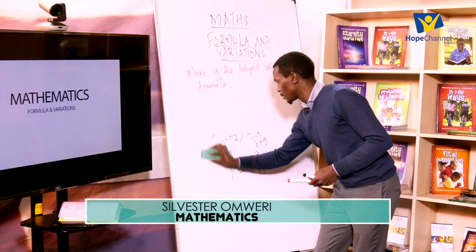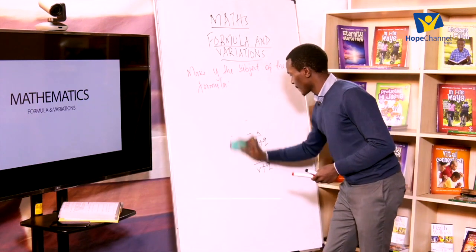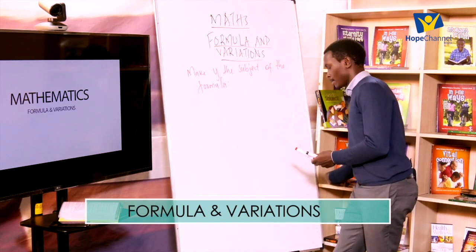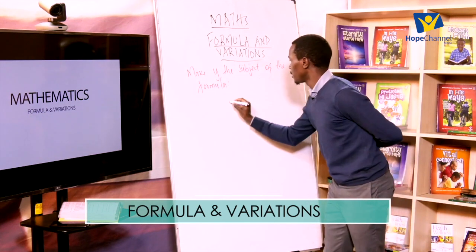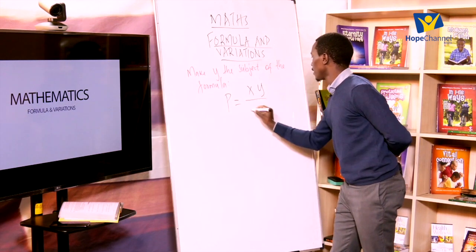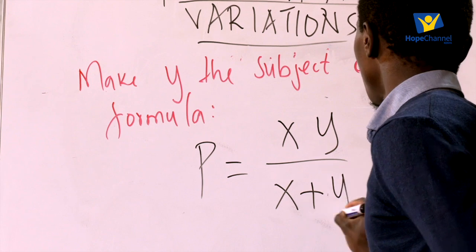So the formula is P is equal to xy over x plus y.